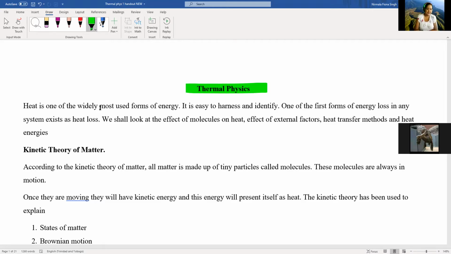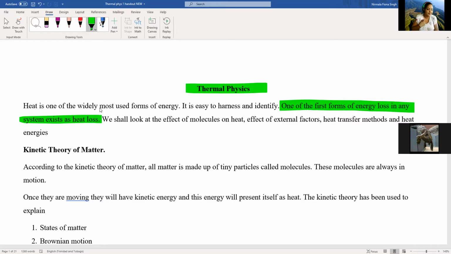So let's continue reading. One of the first forms of energy loss in any system is heat loss, as in the most obvious heat energy loss, the first energy loss we always consider. This is why you're always going to consider heat loss, especially when you reach Form 6, as a source of error, as something that takes away energy from your system.